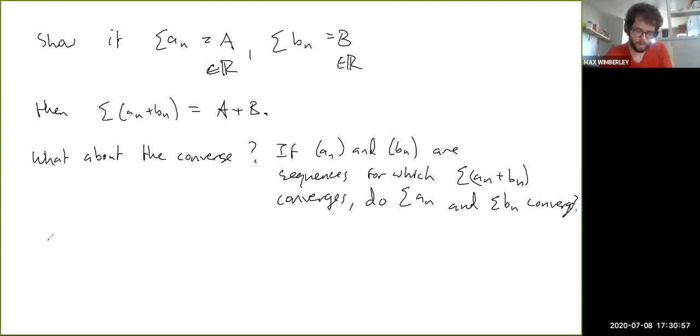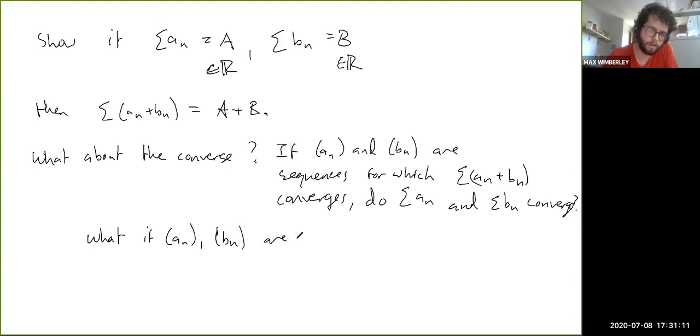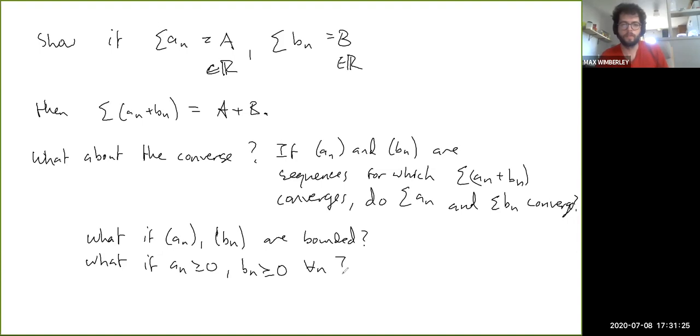And then on top of that, in the converse situation, what if an and bn are bounded? What if an is greater than or equal to 0 and bn is greater than or equal to 0 for all n? These two are variations on the question about the converse.